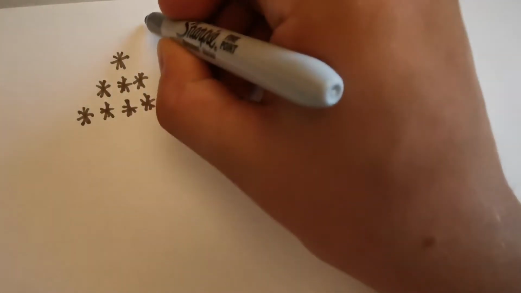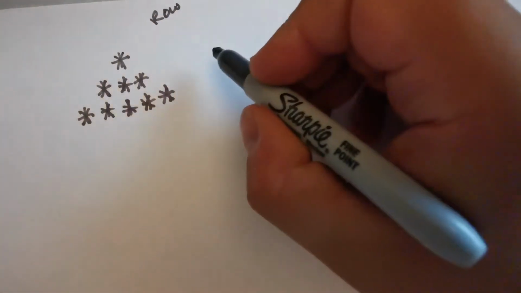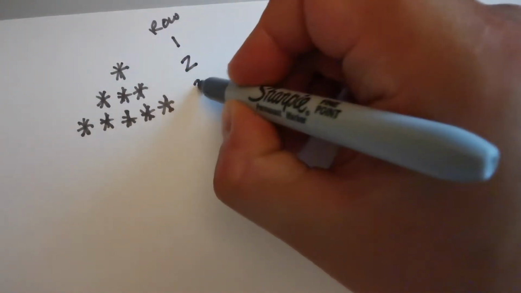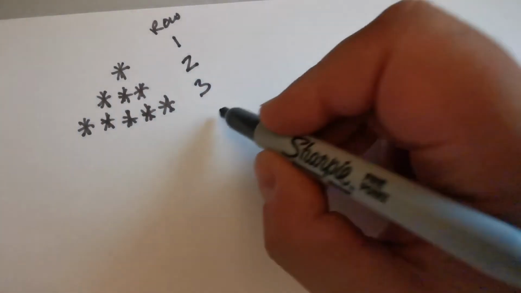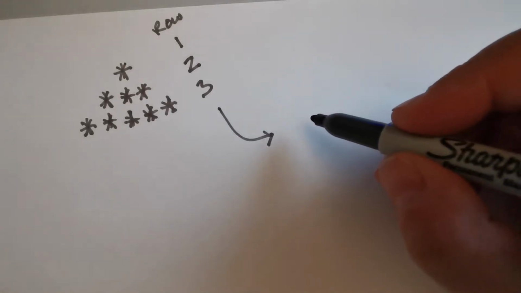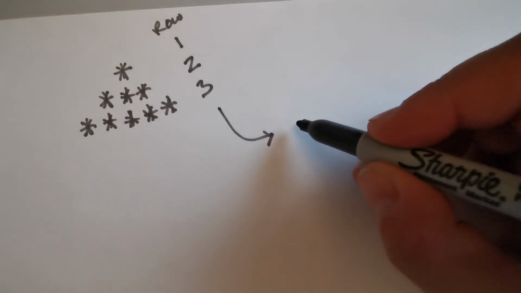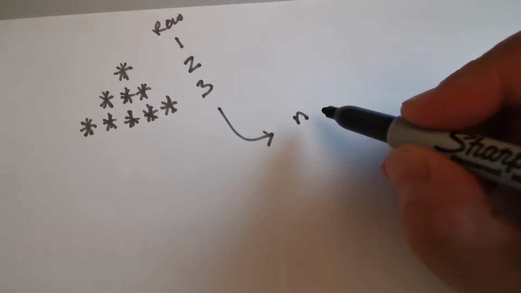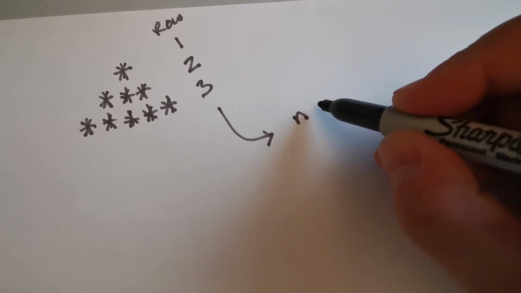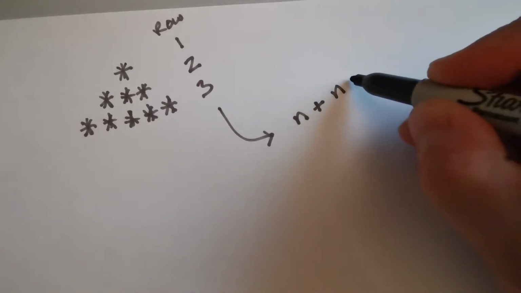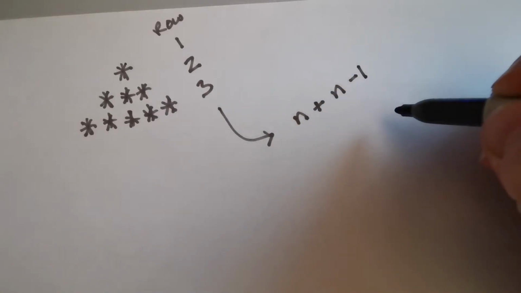So if we look at that, there's a mathematical equation between the row number and the number of stars in that row. And in layman's terms, we can look at that as being the row number, which we'll call n, plus the row number again, so n plus n, and then we're going to take 1 away.